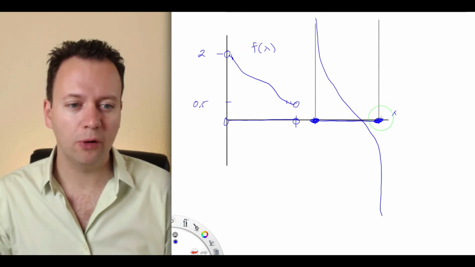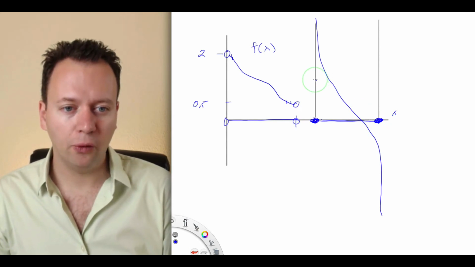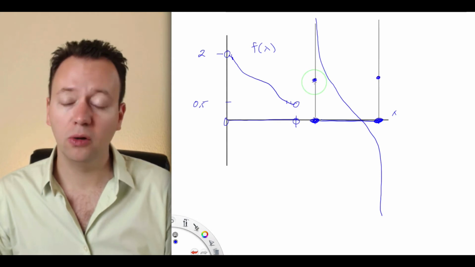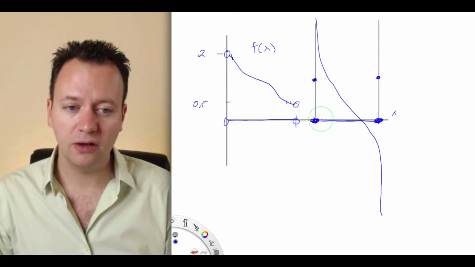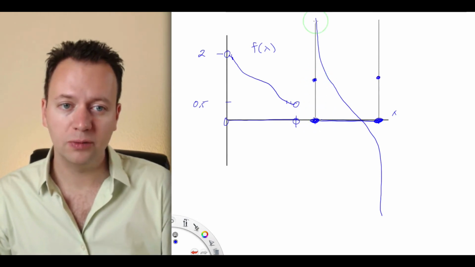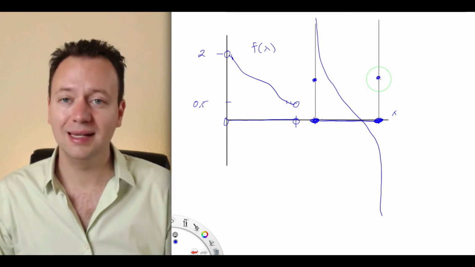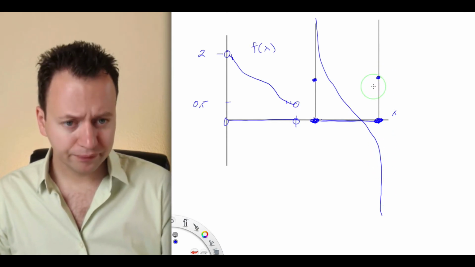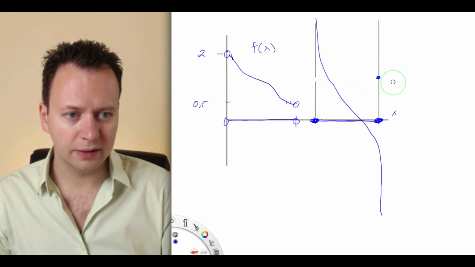But since the boundary points are included in the domain, I'm forced to assign them some value, like this or that. Now this one is a local minimum, because if you look at the x values close by, it's lower than all these points up there. And this one is indeed a local maximum, because the nearby values are a lot smaller than this output right there.